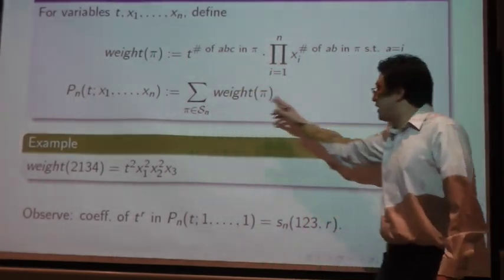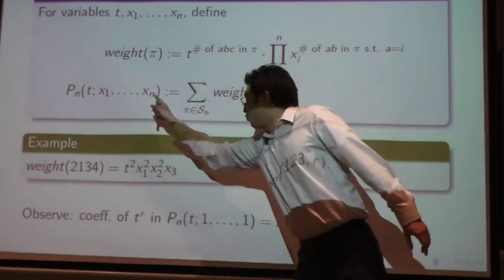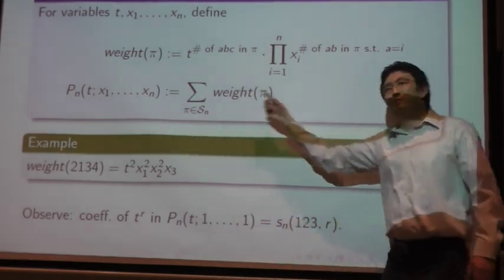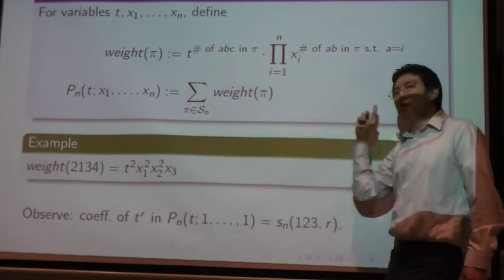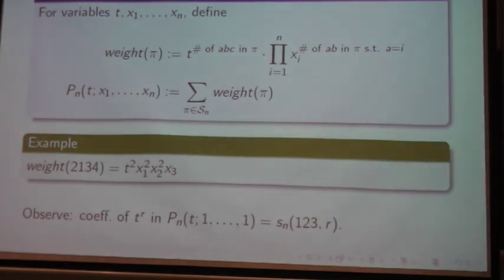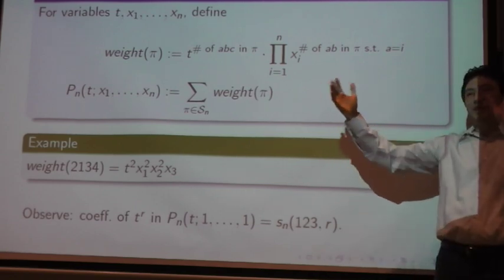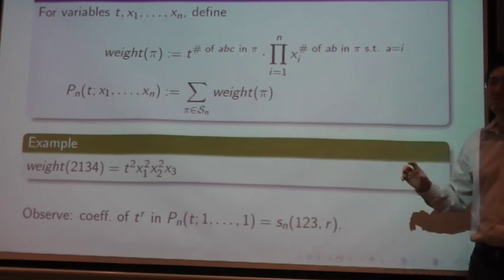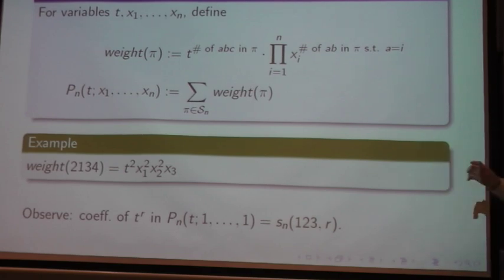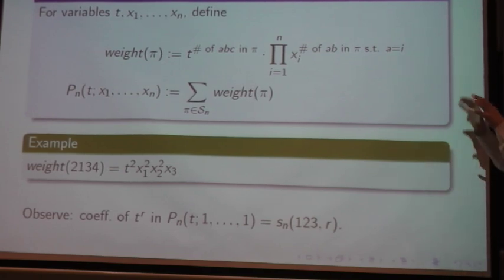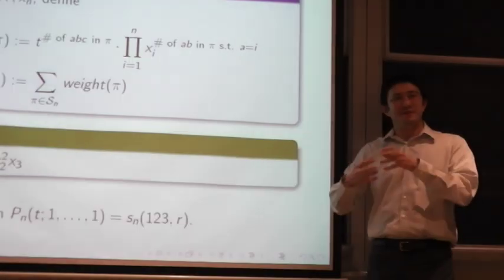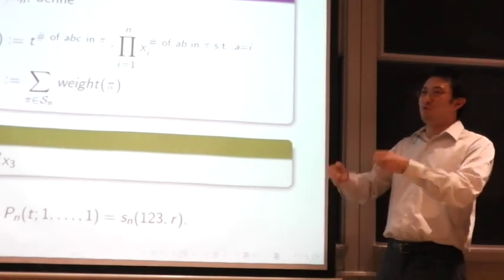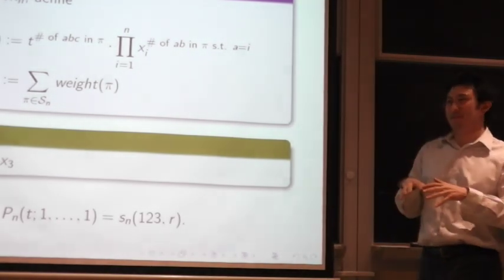And then when I add this together, when these are set equal to 1, this just ends up being a polynomial in t, where the coefficient of t to the r is exactly how many length n permutations you have with r copies. So in a sense, you complicate what you want, but then somehow that helps you more quickly compute what you want.